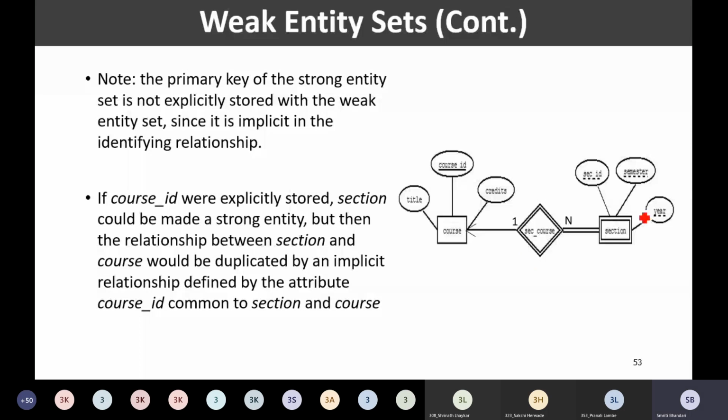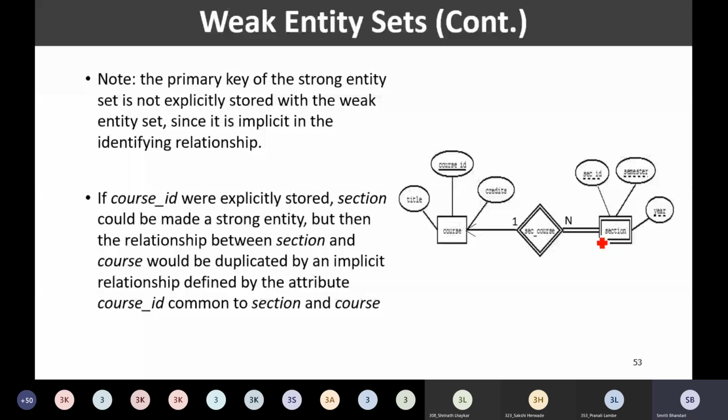As we have seen here, the primary key of the strong entity set is not explicitly stored with the weak entity set. Just look at it. We are not going to store this course ID with this weak entity set. We do not have any attribute course ID stored with this weak entity set. With the weak entity set, we are storing only the discriminator or the partial key, right?